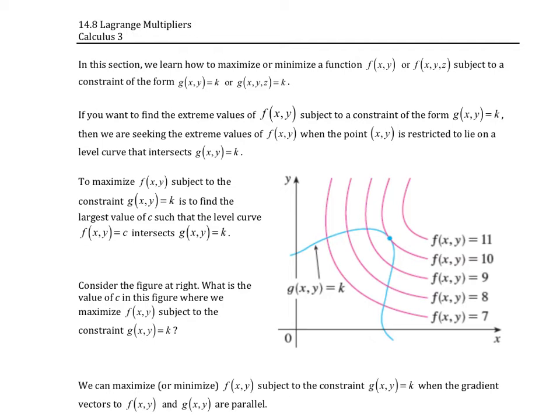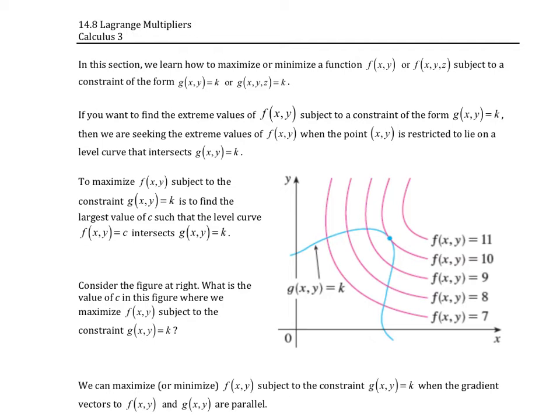More importantly, when we want to maximize or minimize that function, we're looking for where the level curve is tangent to the constraint. So we're looking for where not only they intersect, but where they're tangent to each other.